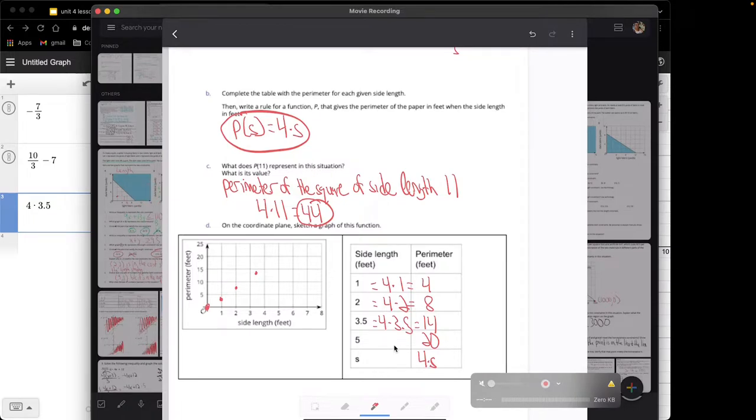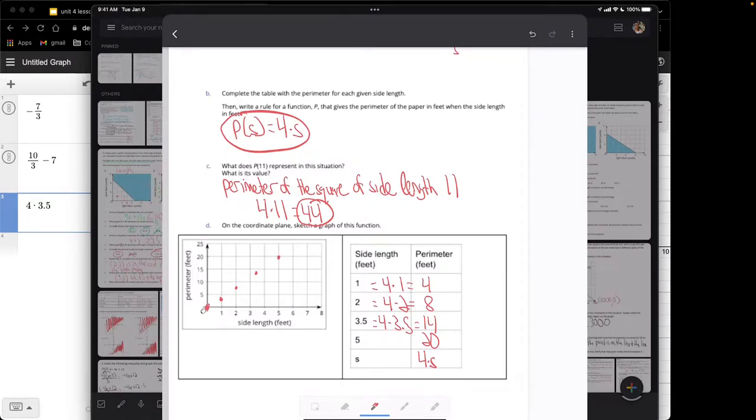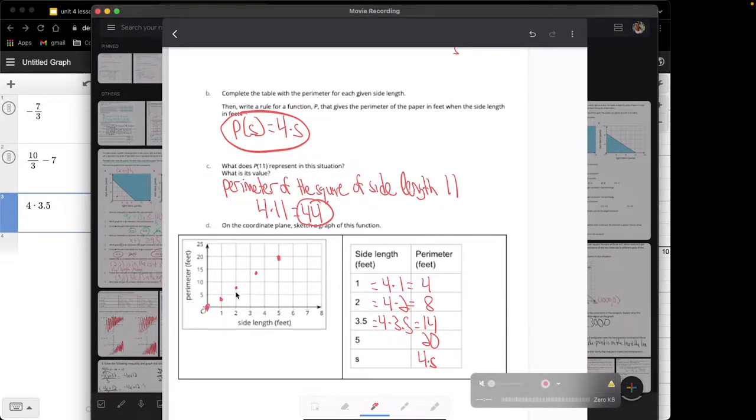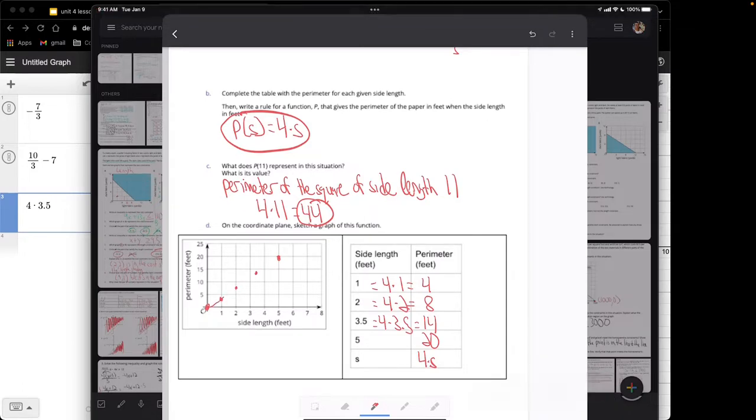When it's 5, it's going to be 20, which will be about here. So when I look at the points that I've put in, that looks like it's actually going to be a line. So it's going to be a straight line going through all of those points that we plotted. So that will be the graph of this function, 4 times the side length.